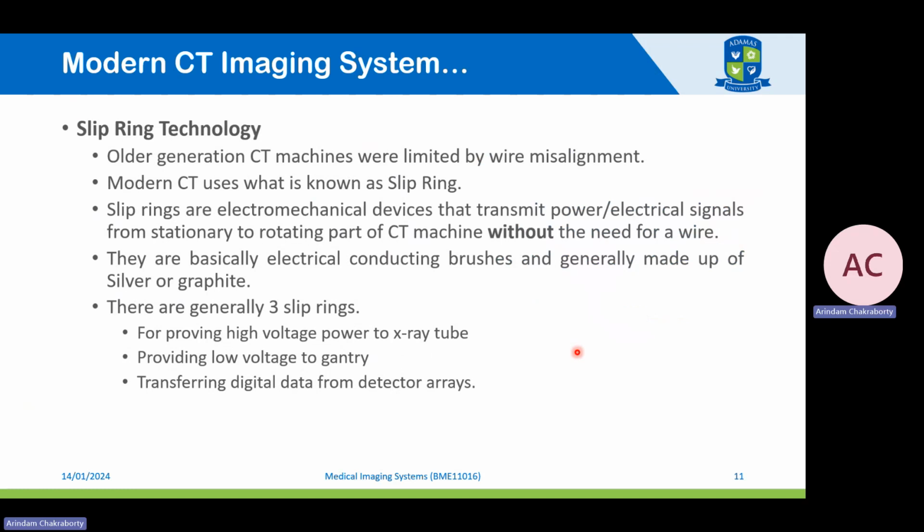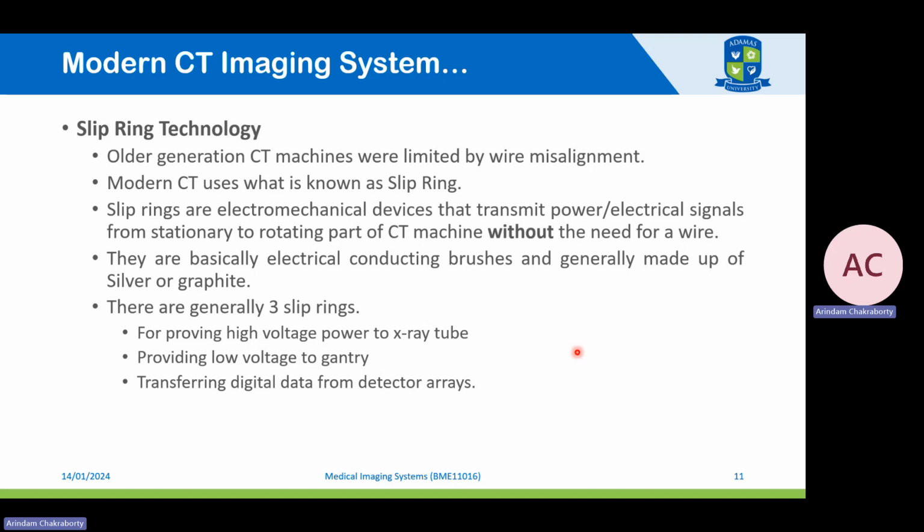Now, coming to another important one that I briefly touched upon in the last lecture, that is known as slip ring technology. So what is slip ring technology and why is it particularly important? For that, we need to know that in the older generation of CT machines, like I said, there were wires involved for providing the electrical currents or other forms of energy, or taking the data from the detector to the computer system.